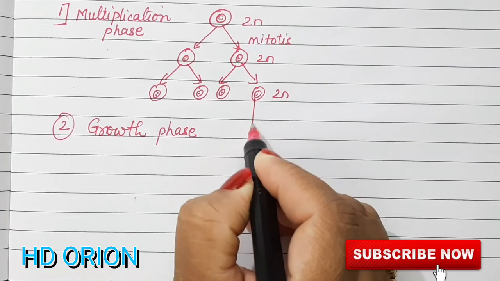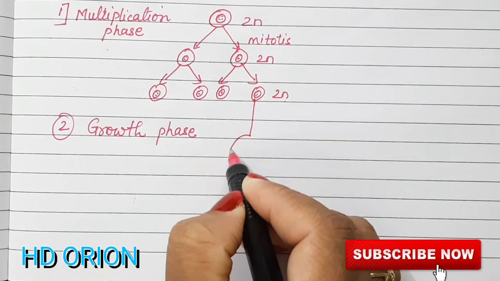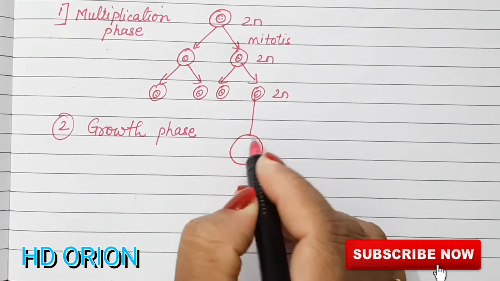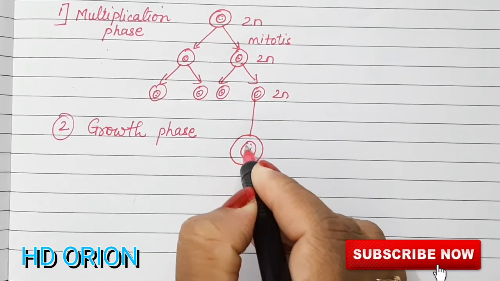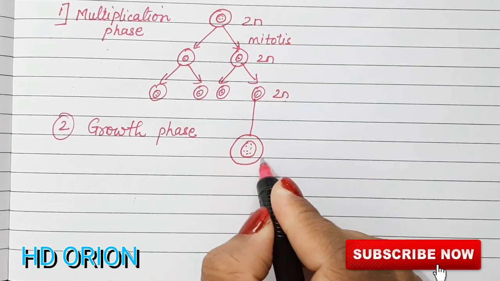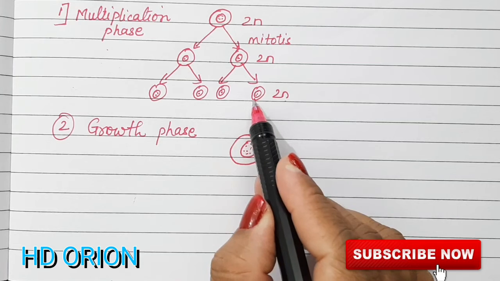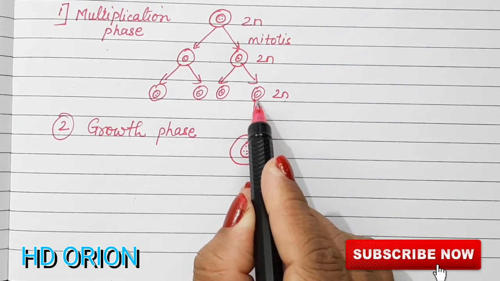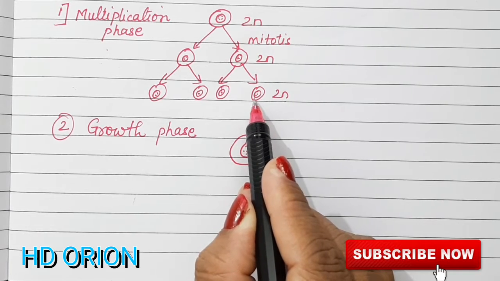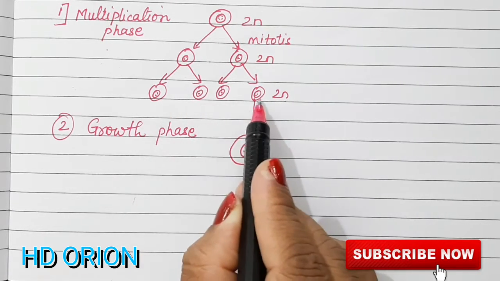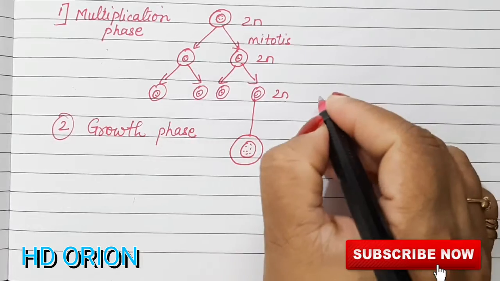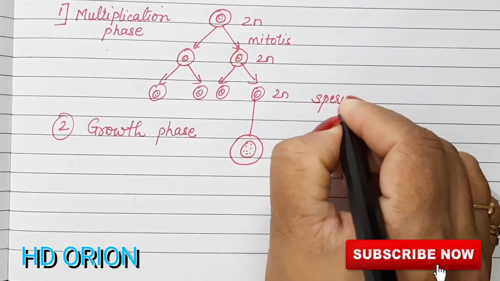Now, we are taking one cell which will be increasing in size. It is due to the accumulation of food material and nutritive material, and we are taking just one example of all the cells that were formed in the multiplication phase. All these 2n cells are called spermatogonia.